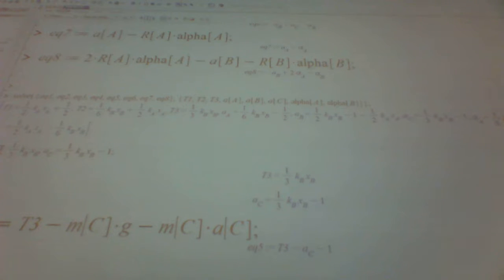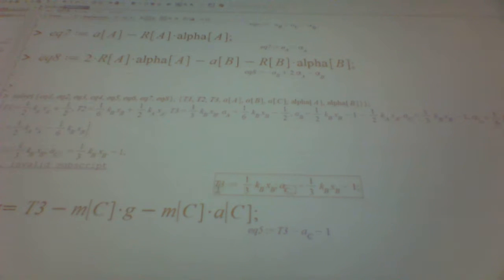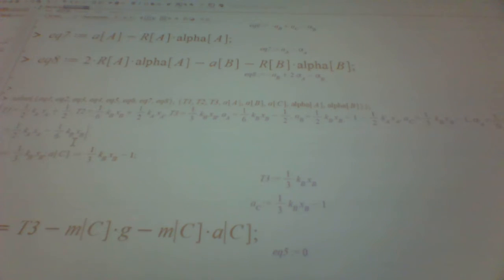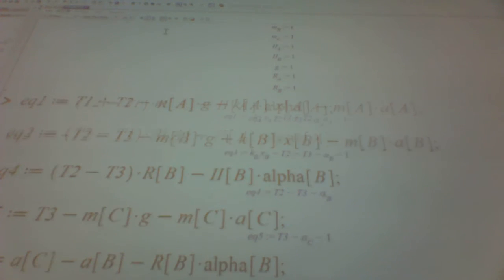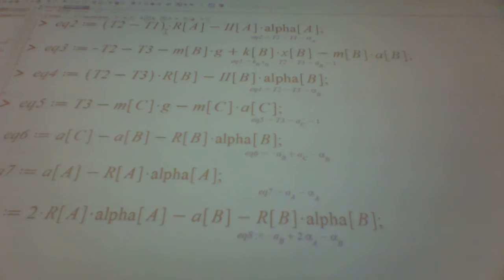Why did it substitute? So it's equation 5 equals to 0. Makes sense.